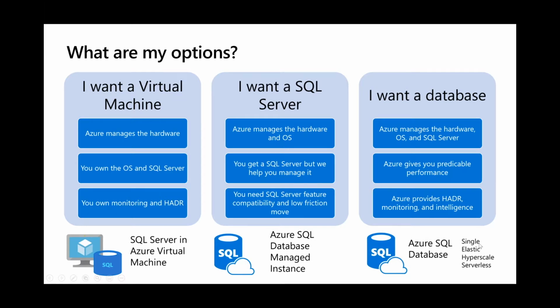It could be a single database. It could be a group of databases sharing the elastic pool, where you could combine the compute resources and have that available to a group of databases. And then you could also go hyperscale, where you have the capability to scale up the database to 100 terabytes in size.